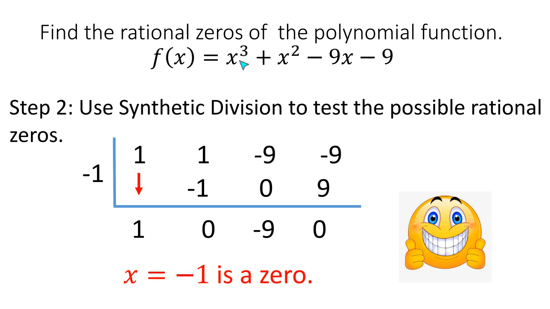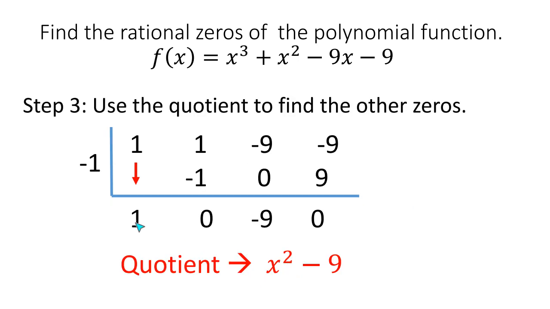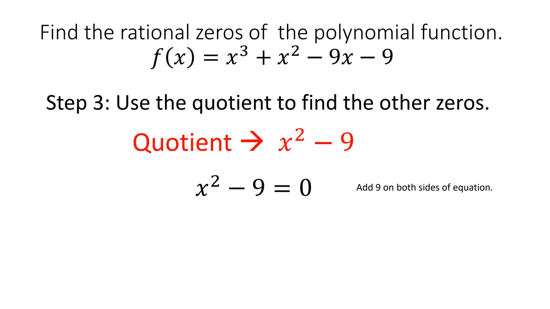Okay, so we started with x cubed. So this one would be starting with x squared. So we have x squared. There's no x. And then your constant is -9. Since this is quadratic, now you can apply any of the quadratic methods that we have. So I'm going to go ahead and set it equal to 0.